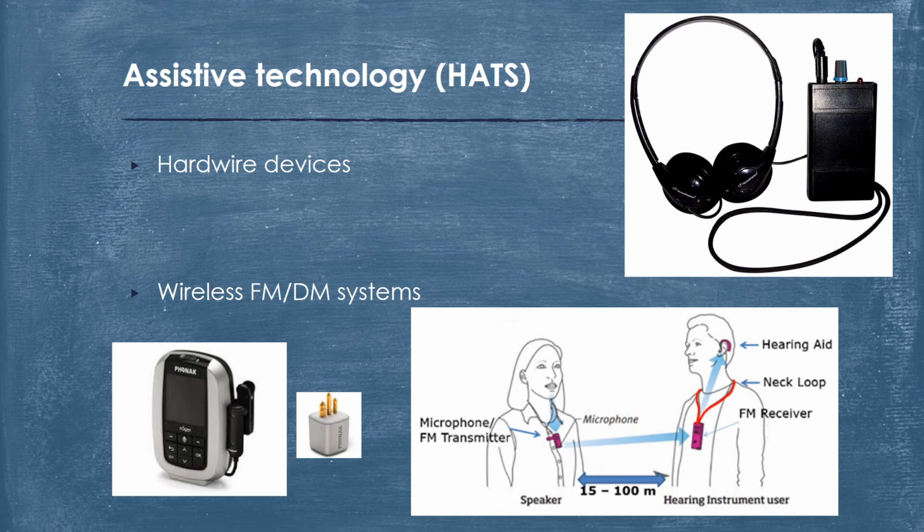So these are awesome. And on average, for example, if you've got a person with a pretty substantial hearing loss, without it, they may get about 30 to 40% of words correct in a noisy environment, but with it, they may improve to up to 80 to 100% because you're taking that signal and putting it directly in their ear.